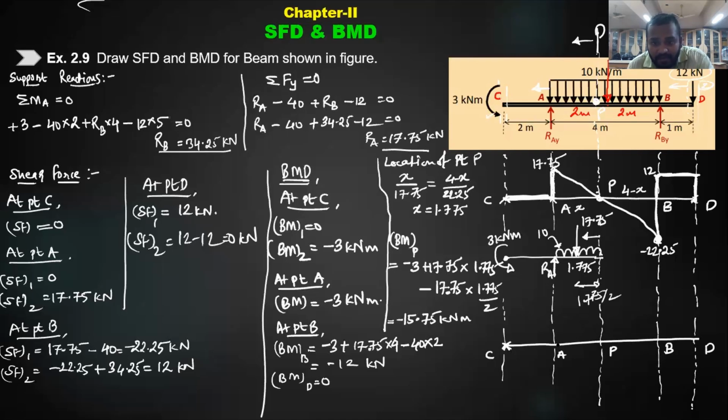Then पॉइंट C पे दो वैल्यूज थी, एक 0 एक -3, राइट ना? एक 0 एक -3. पॉइंट A पे -3 कंटिन्यू हो रहा था, this was -3. पॉइंट P पे it is minus how much? -15.75. हाँ और पॉइंट B पे एक था -12, राइट? हाँ वही लिख रहा हूँ. पॉइंट B पे एक ही वैल्यू है ना, -12. हाँ -12, सॉरी. हाँ and then D पे 2 है ना?